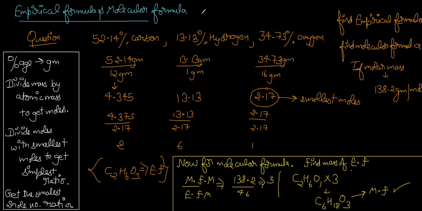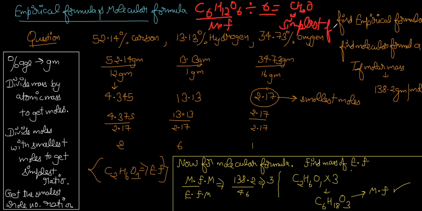So right now, what we did is, we had a molecular formula. This is the molecular formula. We divided it with a certain number that gave us the CH2O, which is the simplest formula. We cannot simplify it even further. So this simplest formula is called the empirical formula. Nothing too complicated.